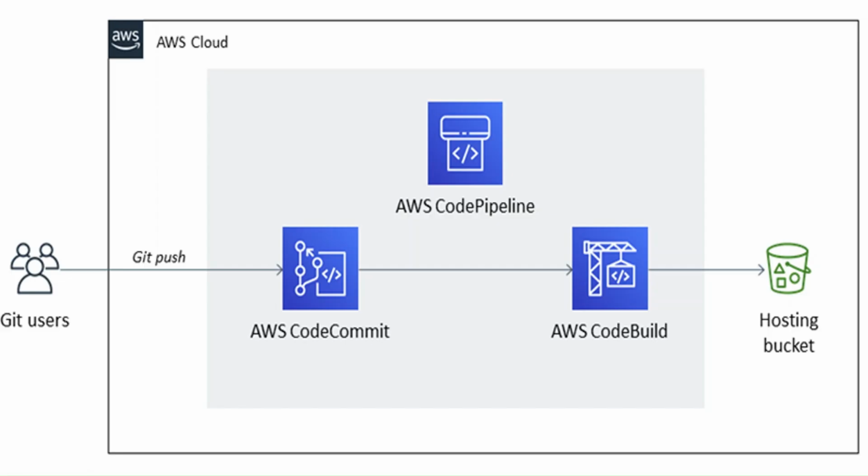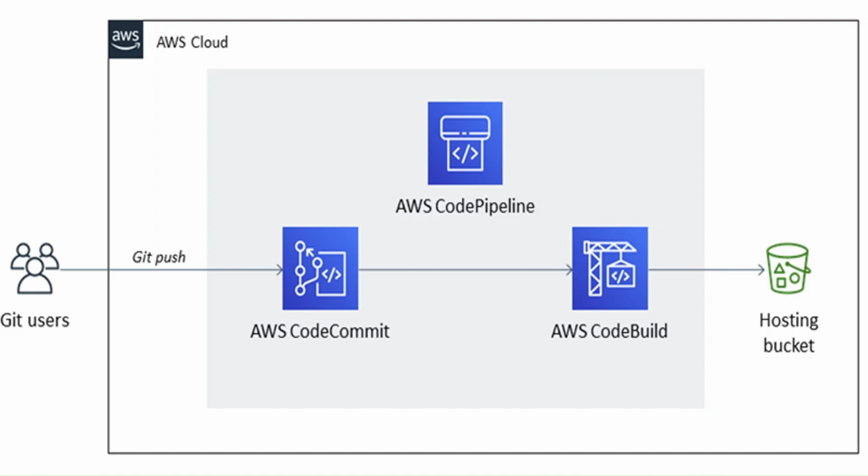Here is a simple workflow showing how AWS automates code deployment. It starts with Git users pushing their code to AWS Code Commit, which is like a secure Git repository hosted by AWS. The code then moves to AWS Code Pipeline, which automates the entire process, managing each stage like building, testing, and deployment.